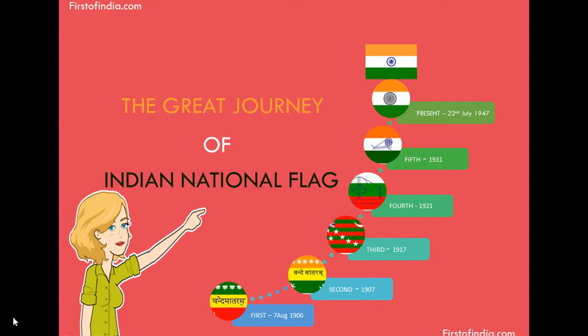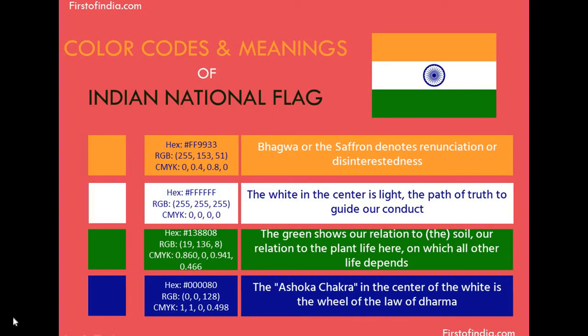Then the next came in 1921, and the fifth came in 1931 along with Gandhiji's charkha, and that charkha was replaced by the dharma chakra, and the present flag was adopted on 22nd July 1947.